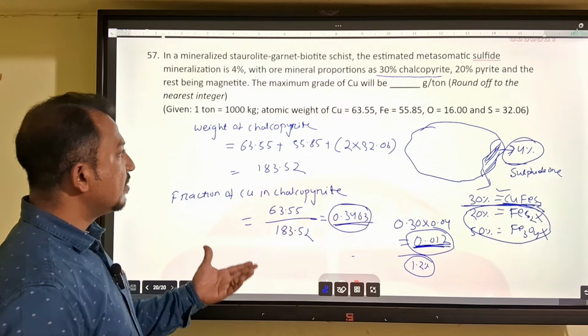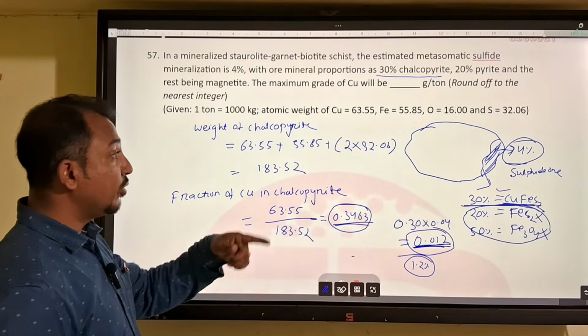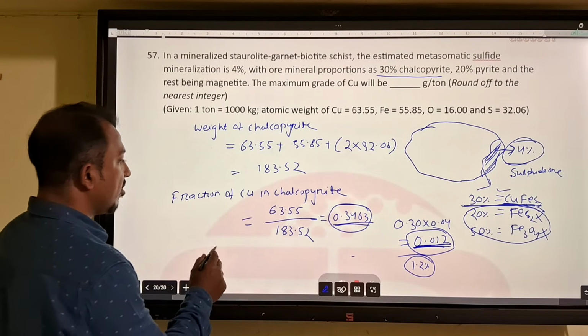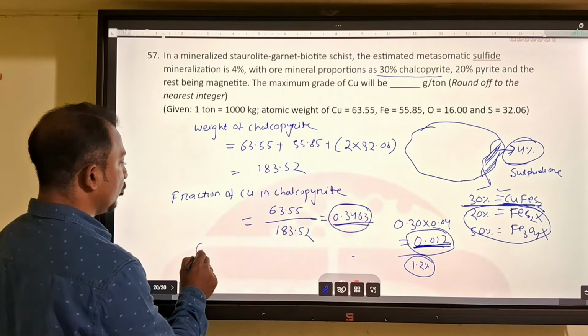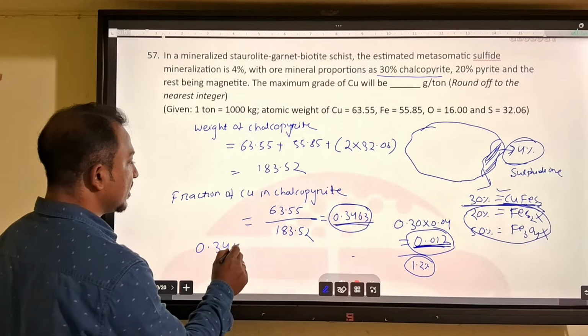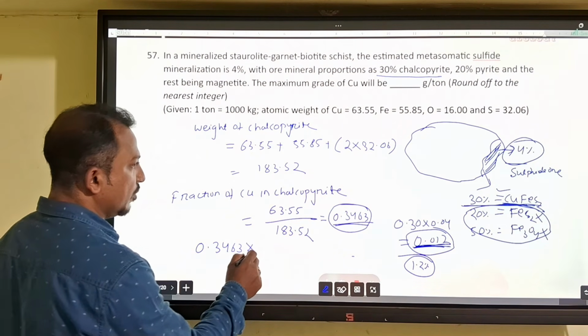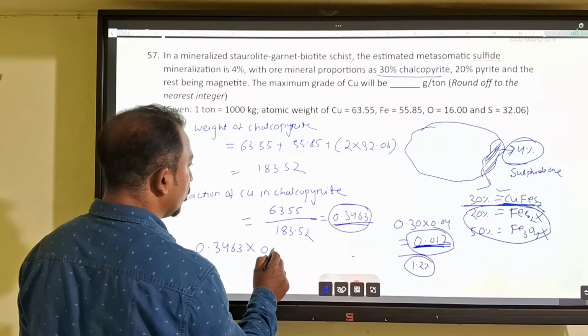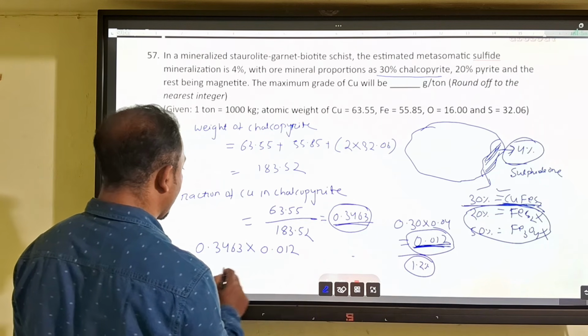So the percentage of copper in the whole rock will be 0.3463 into 0.012.